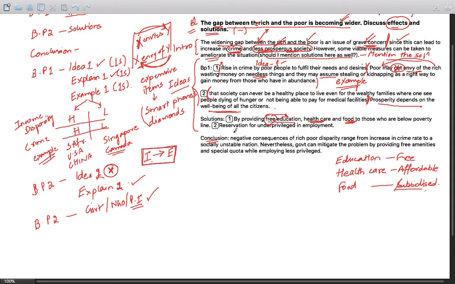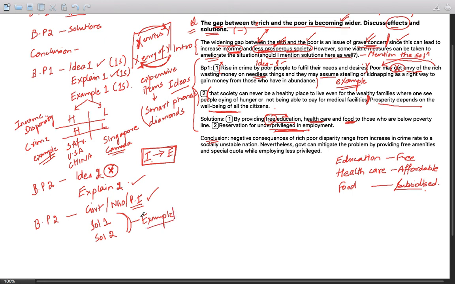Okay. Second is reservation for underprivileged in employment. Now, you can substantiate the solutions with examples. So the student has mentioned solution 1 and solution 2. If she can substantiate this with an example, that will be perfect.